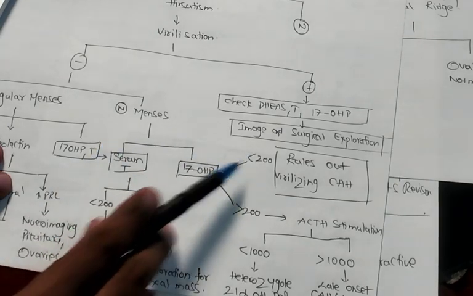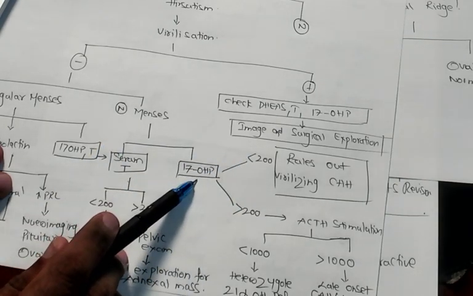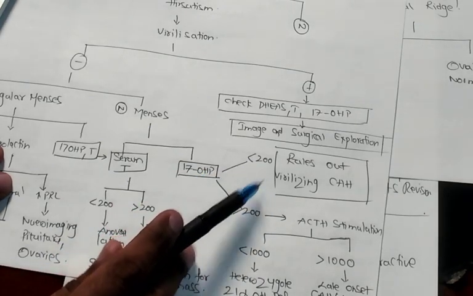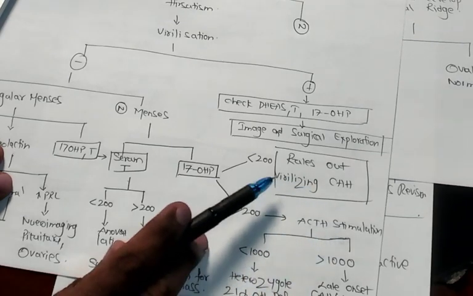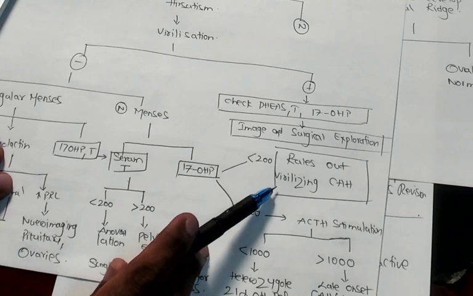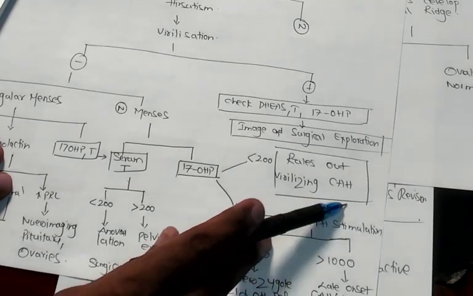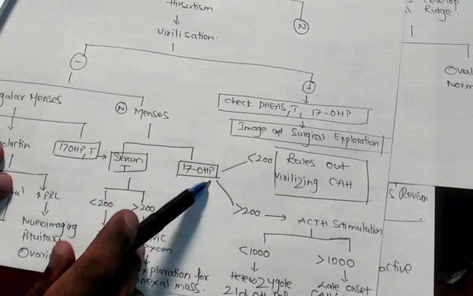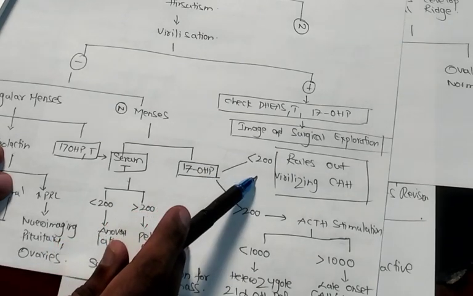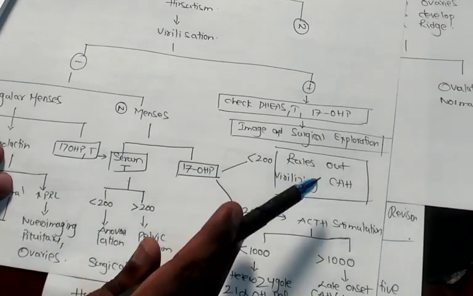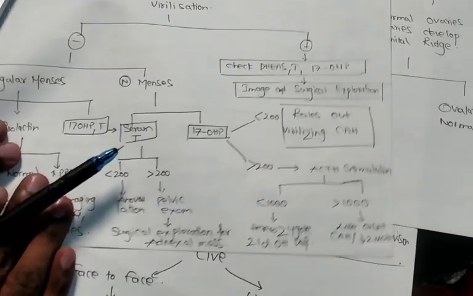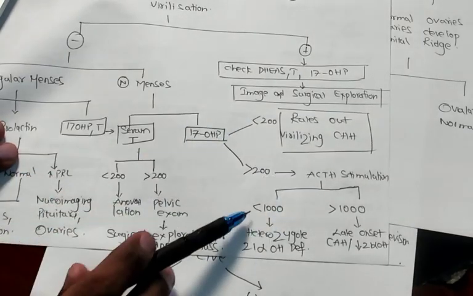If it is less than 200, it is unlikely to be a virilizing congenital adrenal hyperplasia. In congenital adrenal hyperplasia, 21-alpha hydroxylase deficiency is a virilizing type of CAH. But there, the 17-hydroxyprogesterone levels are high. If it is less than 200, it rules out the virilizing CAH. But if it is more than 200, you do ACTH stimulation.